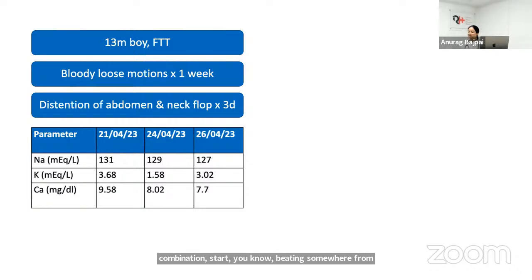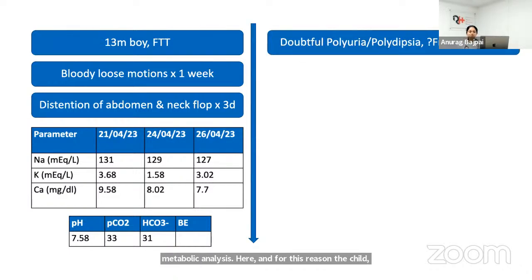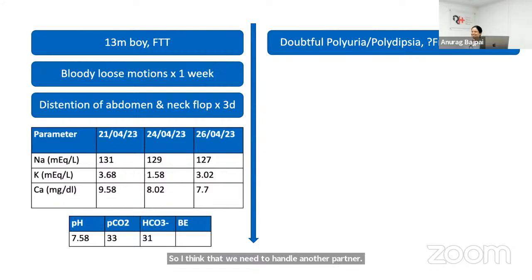The pediatrician, being a vigilant doctor, suspected Bartter in this child and got a blood gas done. The blood gas showed metabolic alkalosis, and for this reason the child, upon stabilization, was referred to the pediatric endocrinology clinic. He had recently diagnosed another Bartter, so that's why he became very vigilant, and that's very important.